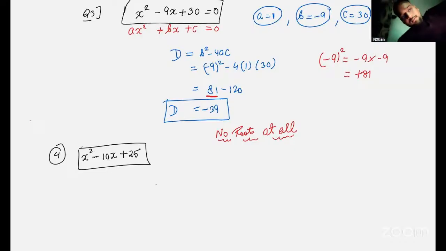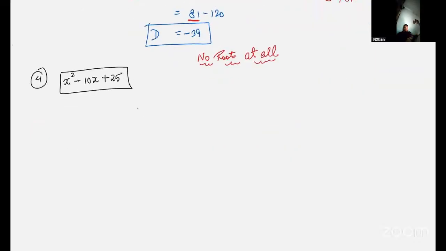Ask me doubt, beta. Reena, can you hear me? Yes, sir. You are asking me some doubt? No. Okay. Tell me the answer of this. I'm writing down the steps in my note. If you have any doubt, please ask me, okay?